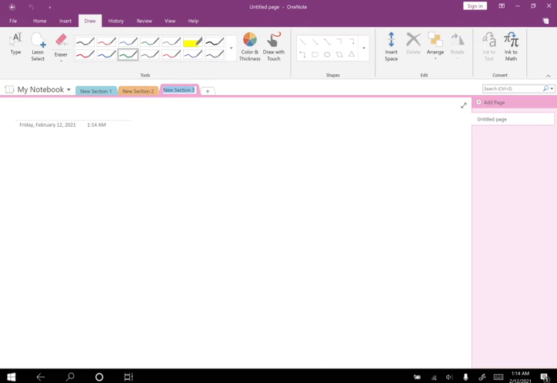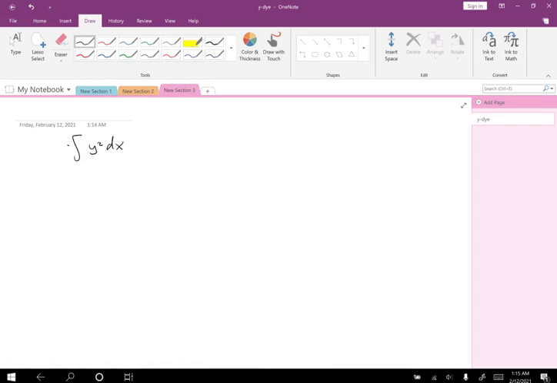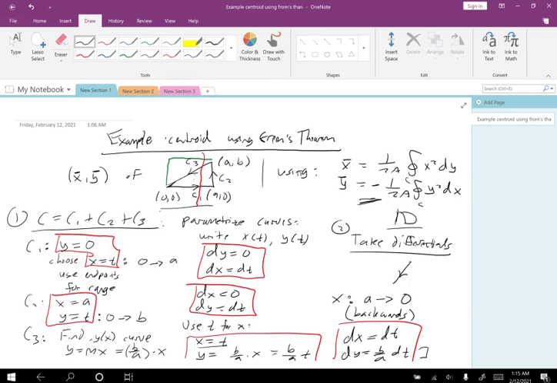Now let's do the y part. Remember, there's that negative sign, but we'll just do that at the end. For the y integral, I'm again going to split it up and use all that information that we already dealt with.